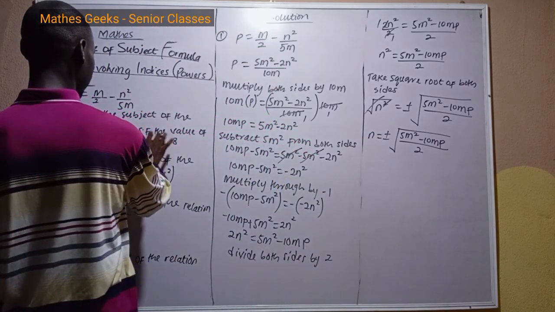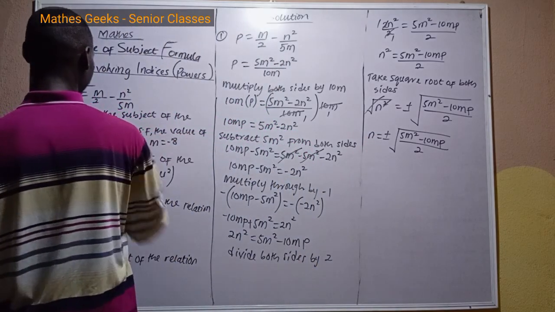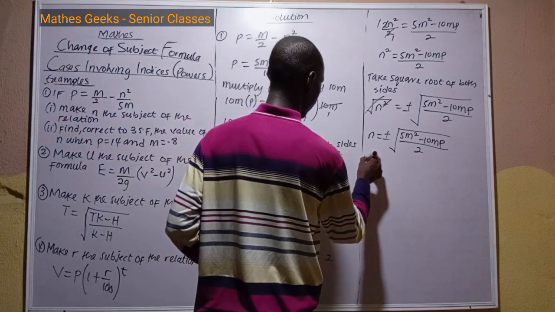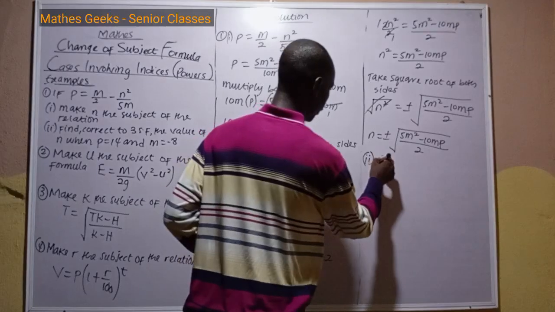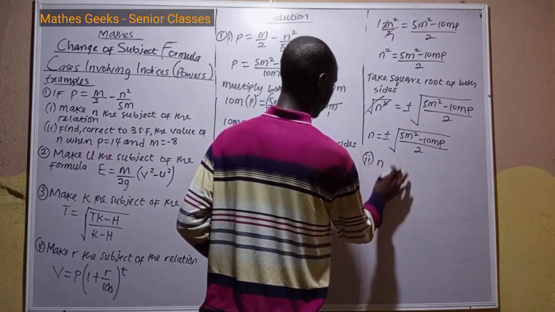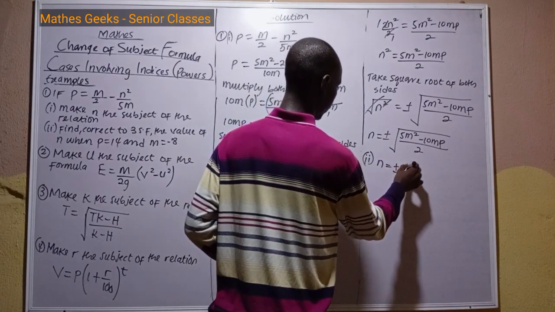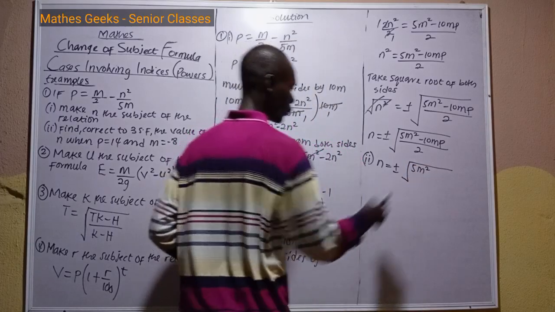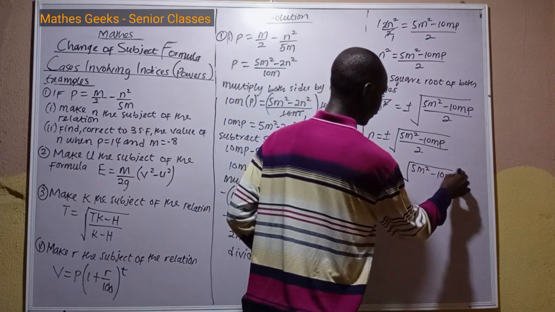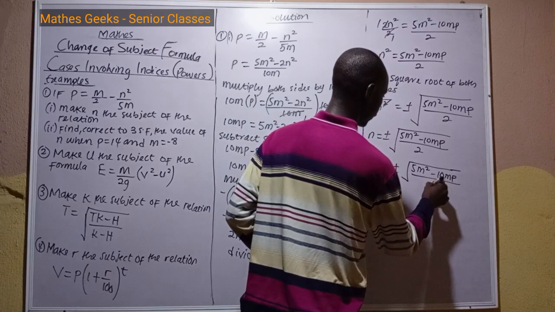Now find, correct to three significant figures, the value of n when p is 14. So write that again. n is equal to plus or minus the square root of 5n squared minus 10np over 2.